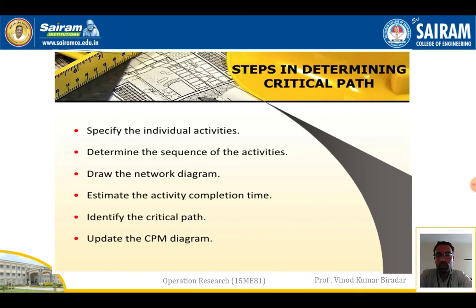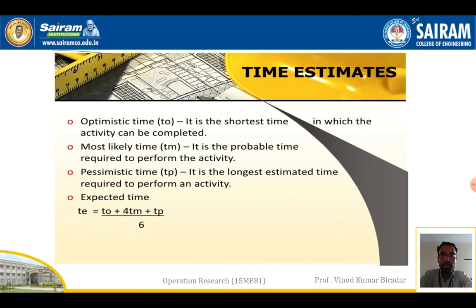Fourth, estimate the activity completion time, mentioning each activity with time in days or hours. Fifth, identify the critical path on the network diagram, and substitute all the values in the given table, that is, update the CPM diagram. This is about the steps to solve the critical path problem.